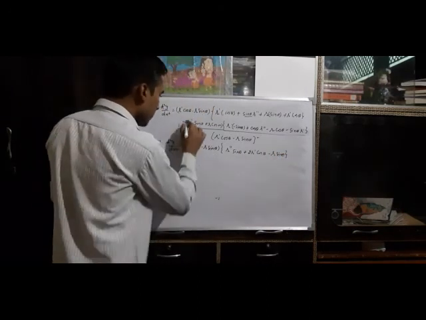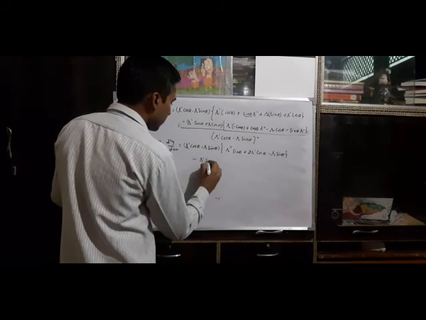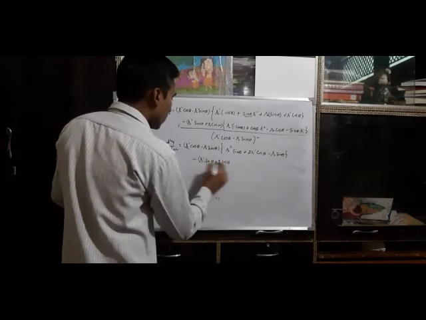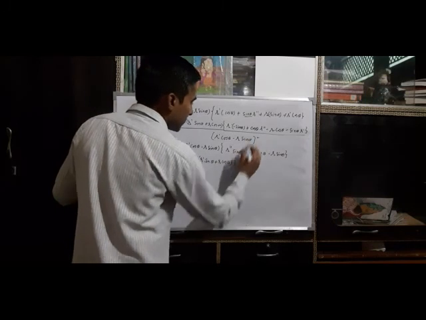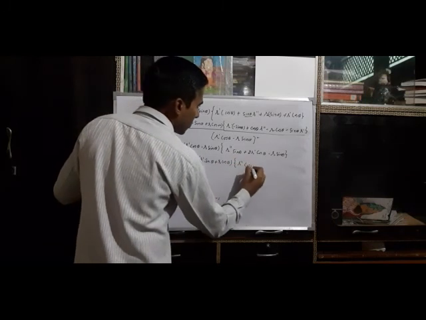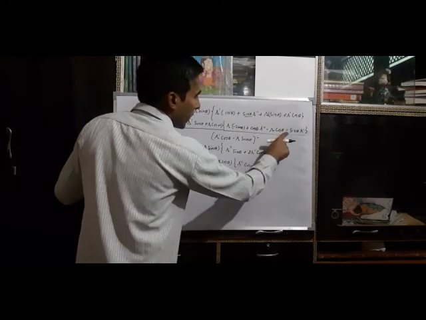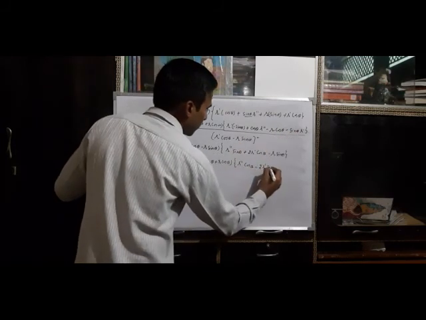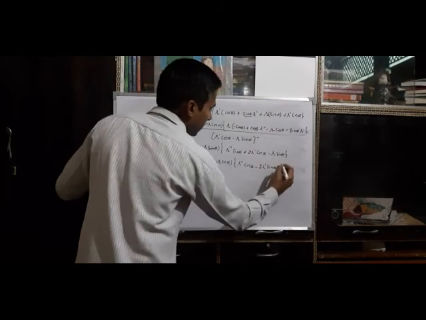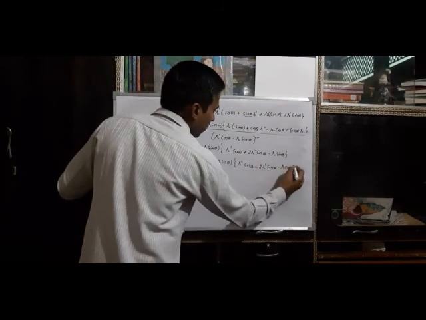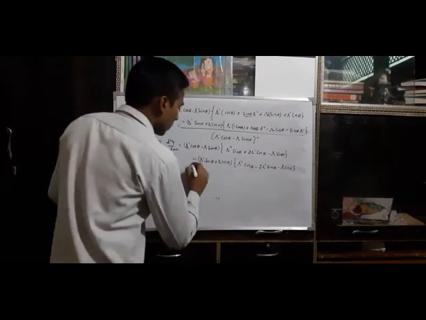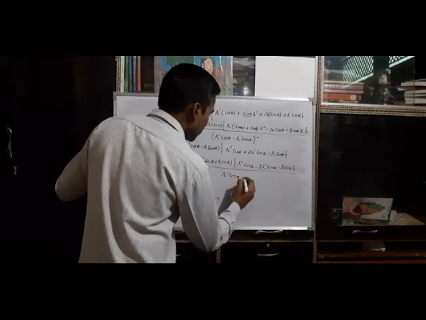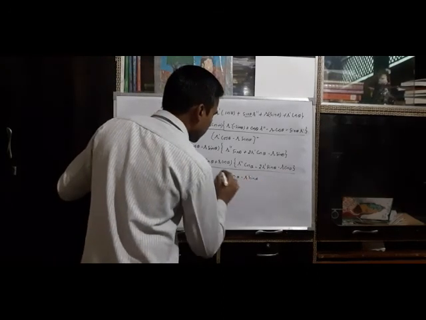Again this gives r prime sin theta plus r of cos theta, and this gives r double prime cos theta minus r prime sin theta minus r prime sin theta. It will be 2r prime sin theta, and the last term is minus r of cos theta, and in the denominator we get r prime cos theta minus r sin theta.